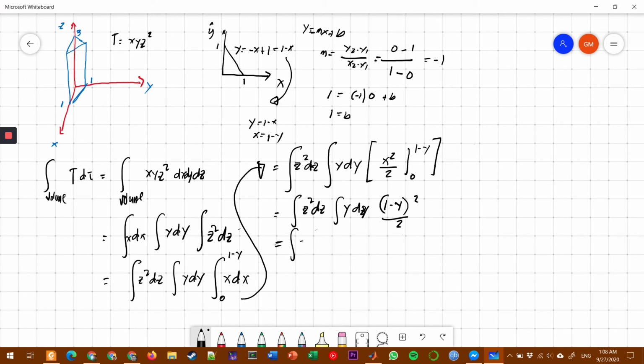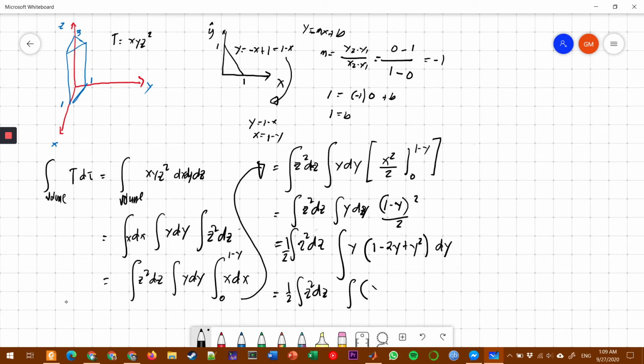So we have z squared dz, and this is y times, taking out the 1/2, 1 minus 2y plus y squared dy. So it's a bit long. 1/2 z squared dz.